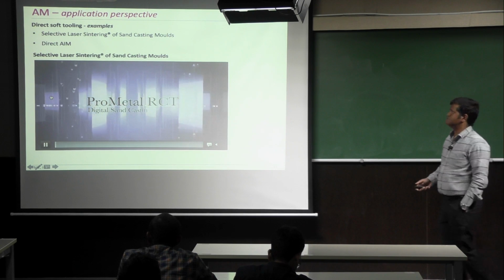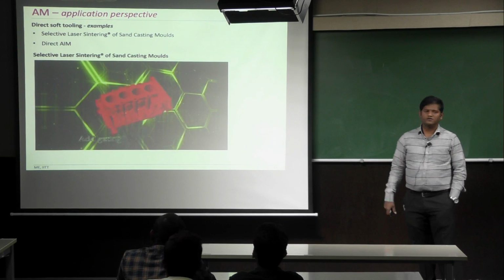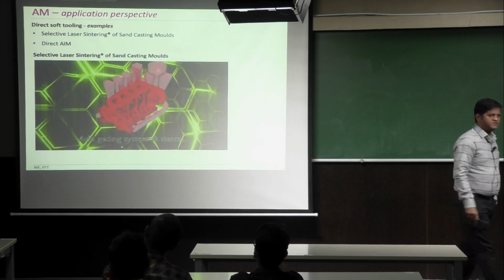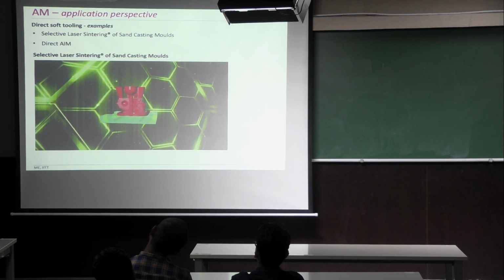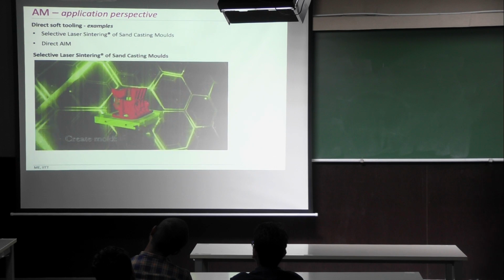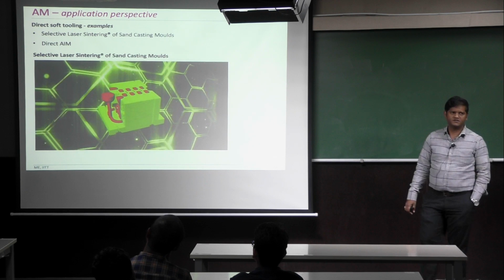This is the engine block, it can be manufactured by using sand casting, and here we use molds and cores which are 3D printed in the casting process.